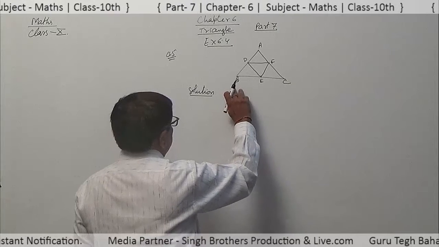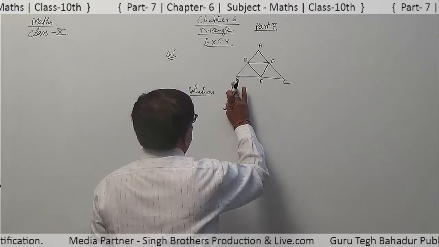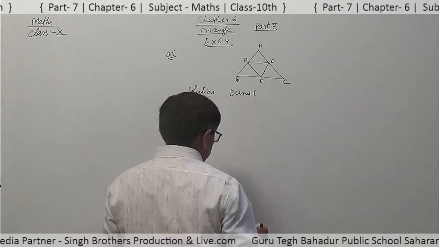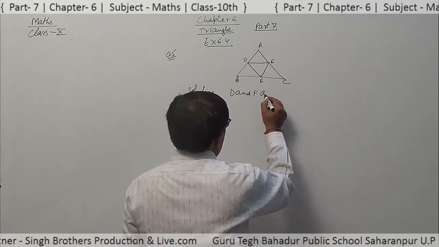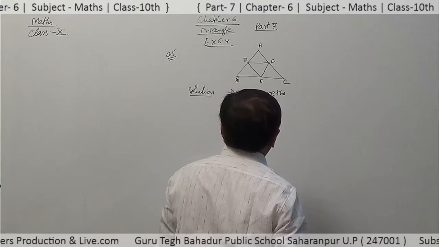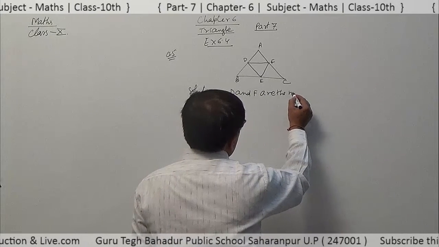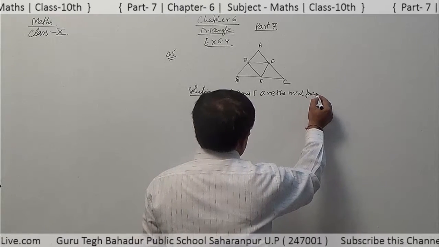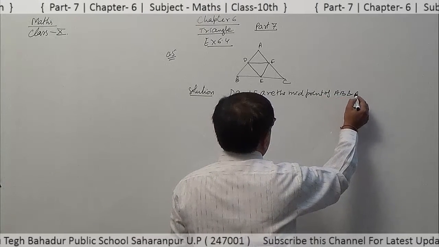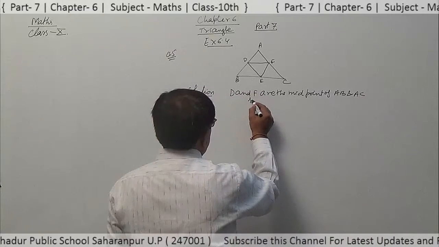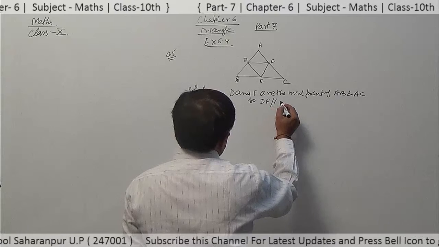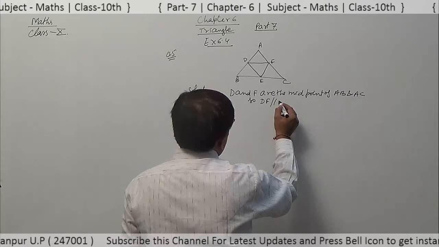D and F are the midpoints of AB and AC. So DF is parallel to BC.